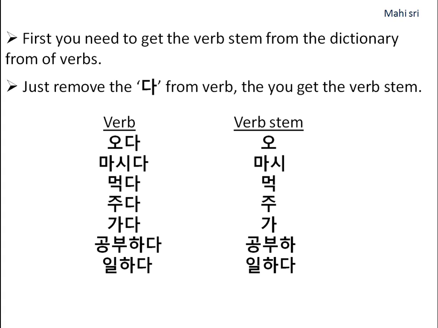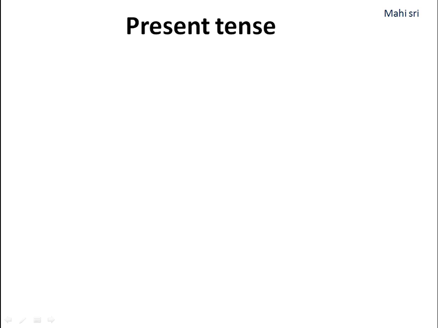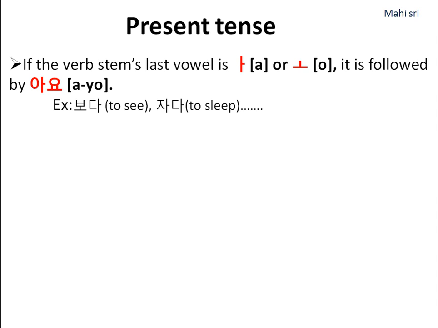So the verb stem plays a main role here. So how to conjugate into present tense? Here are three basic rules. The first rule is, if the verb stem's last vowel is a or o, it's followed by ayo. Like the examples here: poda, the verb stem is po, and chada, the verb stem is cha.